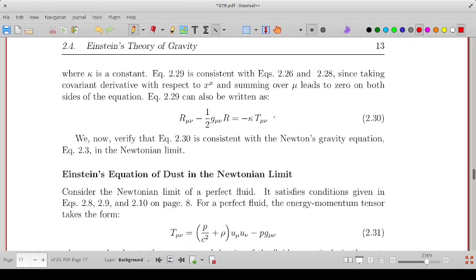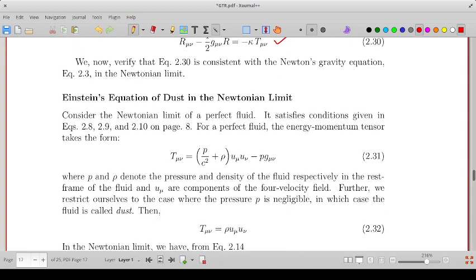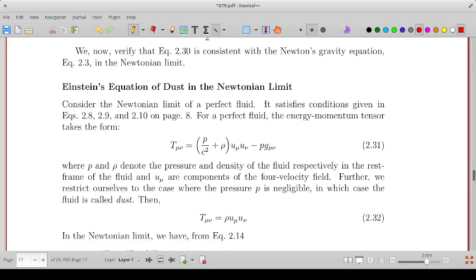So that is this equation. We now consider the Newtonian limit of this equation.